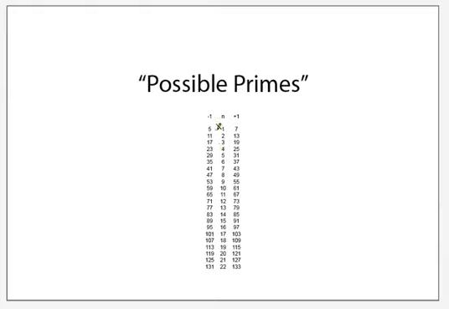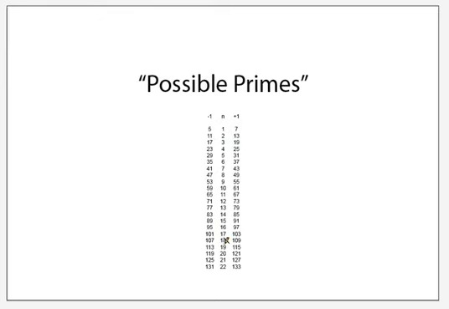The number to the left and to the right of these centers, we're going to call these the centers. The numbers to the left and to the right of the centers are the possible primes. They are the multiple of 6 minus 1, so 6 minus 1 is 5, and they are the multiple of 6 plus 1. 6 plus 1 is 7. Okay, centers and the left and the right.